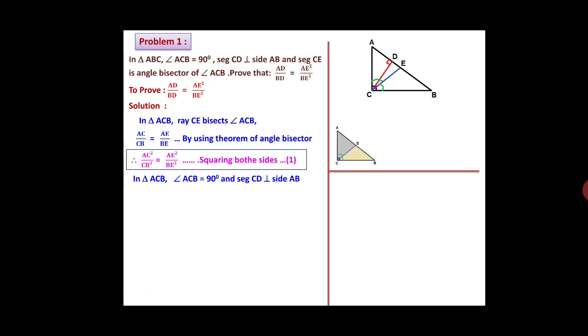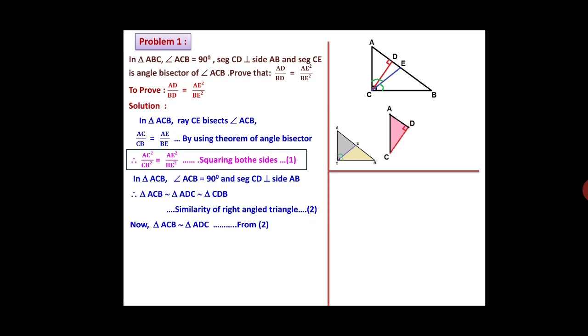In triangle ACB, angle ACB is 90 and CD is perpendicular to AB. So by using the similarity in right angle triangles, we can write triangle ACB similar to triangle ADC similar to triangle CDB.